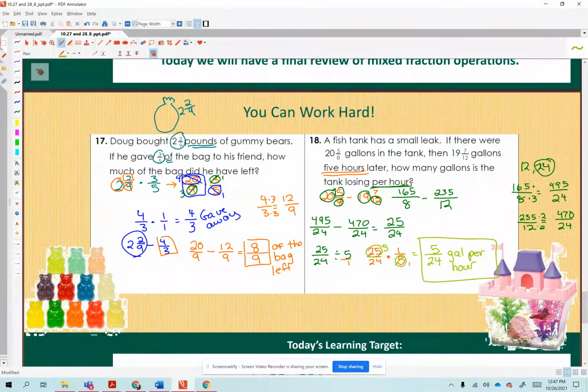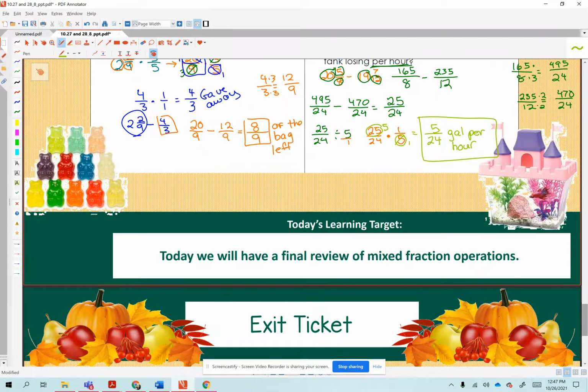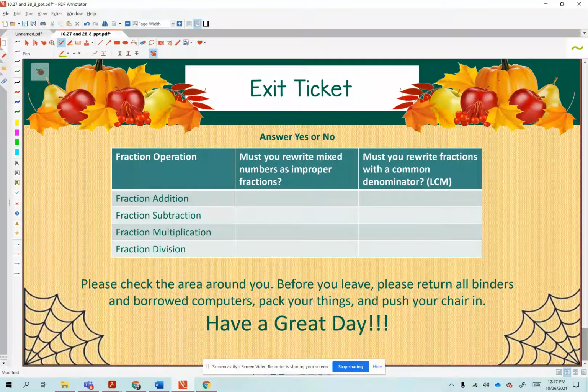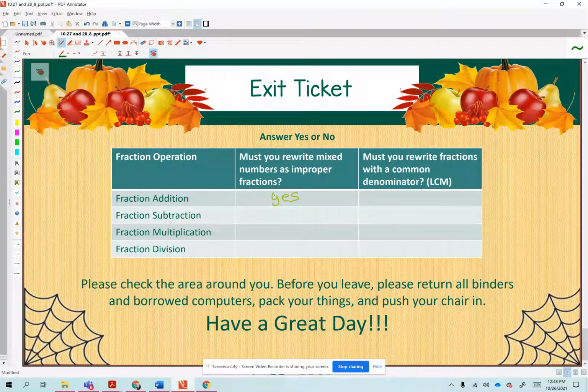So that looks like it for today. We do have a little exit ticket. I want you to think about some of the strategies that we've been using, and I want you to answer yes or no. So with fraction addition, must we rewrite mixed numbers as improper fractions? Yes, we must. Let's use a darker color. Must we rewrite the fractions with a common denominator, at least using a least common multiple?